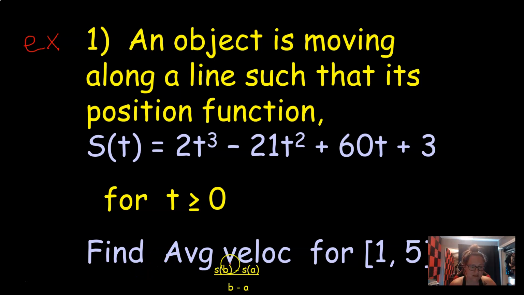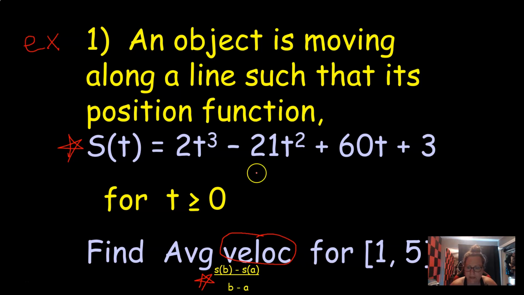Find the average velocity from 1 to 5. Notice I'm looking for average velocity, but I'm given position. So that tells me I'm going to use this little formula, which I copied and pasted from two slides ago.